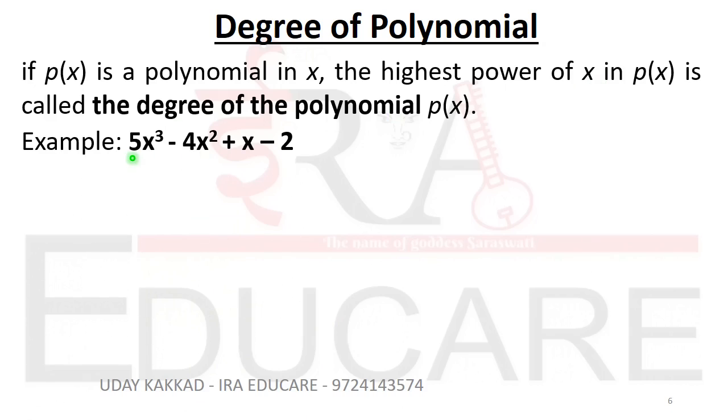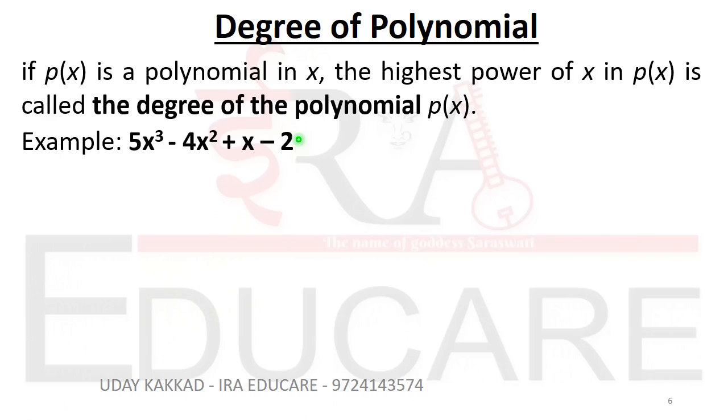Here again a polynomial, 5x cube minus 4x square plus x minus 2. So here x is the variable, right? Now the highest power of x: this is x raised to 1. Here x raised to 0, because any number raised to 0 gives you 1, right?